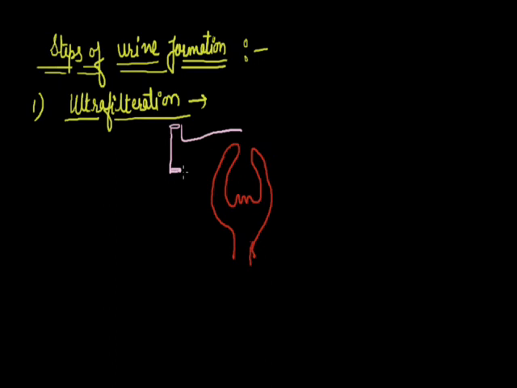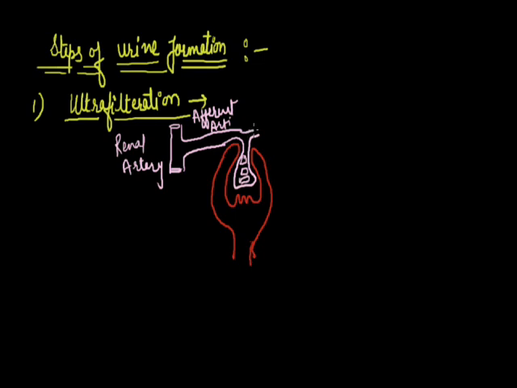As I told you in my previous diagram, the renal artery contains maximum urea and supplies blood to the kidney. It forms a branch known as the afferent arteriole, and that arteriole forms a fine capillary network in the Bowman capsule.